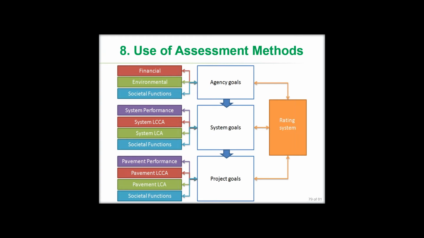And the same applies to the LCCA. So depending on how you want to start, which questions you want to address, where you want to focus on sustainability, these tools can be used on different levels, and you would use these tools differently. And in general, you can say that rating systems can be used on all these levels. And when you apply the INVEST rating system, you see that there are different points and questions and sustainability criteria on all three levels.